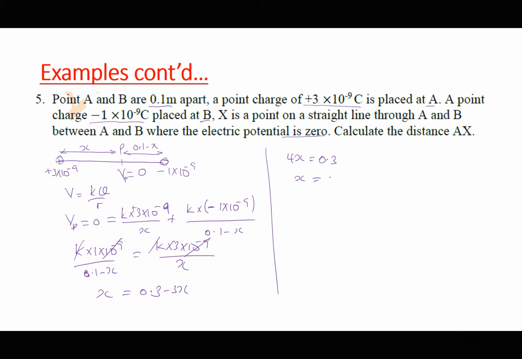And when I press my calculator, X is 0.075 meters. So the distance AX, remember X was the point where V is 0. So the distance AX is approximately 0.075 meters.